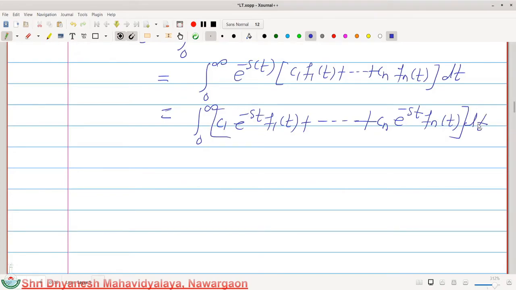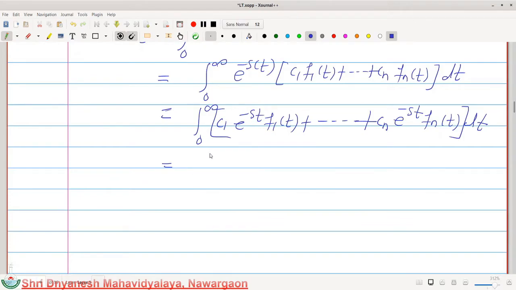dt. And as we know, integral is linear, or integration, we can use the linearity property of integration, or particularly we can say integral operator follows linearity property.